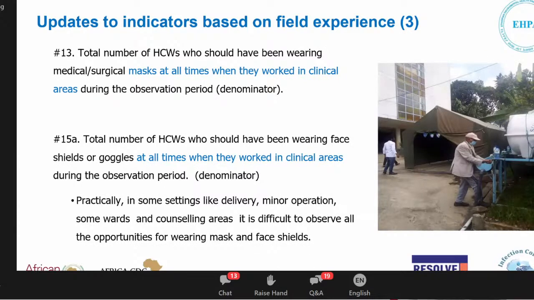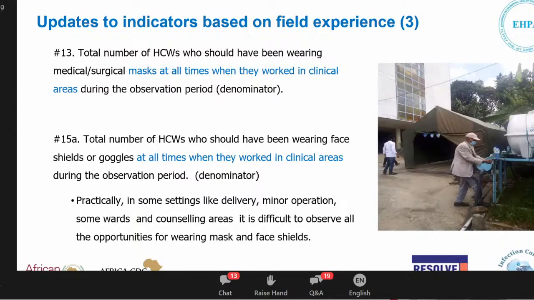The other indicators are indicator 30 and indicator 15, where we face a challenge in observing everything. As you can see from the indicator, it says using a medical mask or surgical mask at all times when they work in the clinical areas. In regard to the mask, the monitors or mentors try to observe the health professionals moving around the health facility.